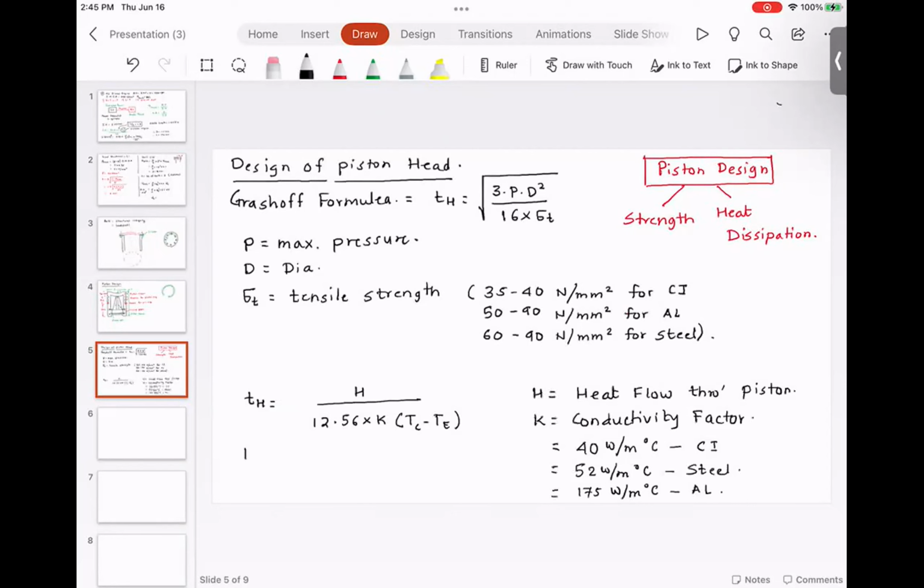So Tc is the temperature at piston center, Te is temperature at piston edge.